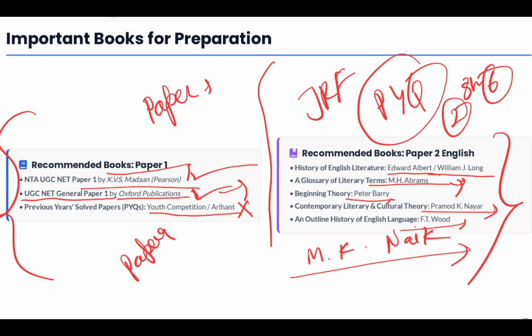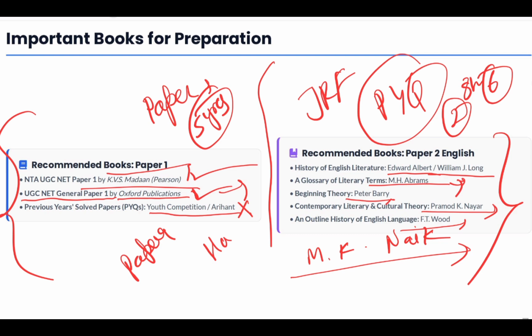You have studied in your graduation and post graduation, so you are aware of English literature and history of English literature. You have dedicated 5 years, so you are very much aware of this syllabus. So paper 1 could be a game changer for you all. So please focus on paper 1.